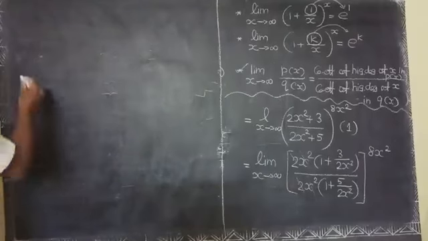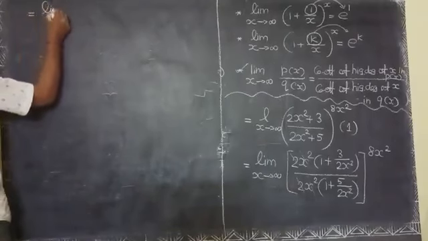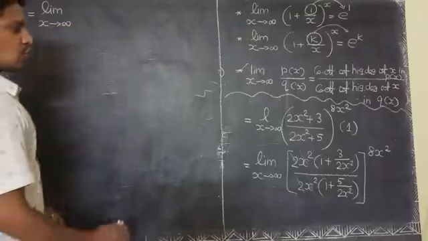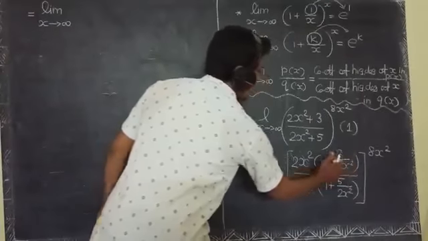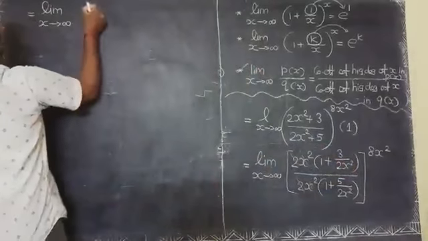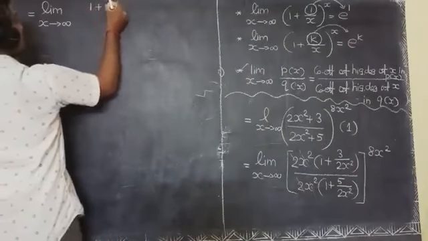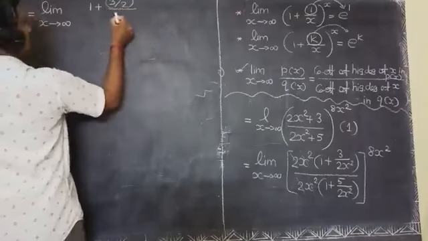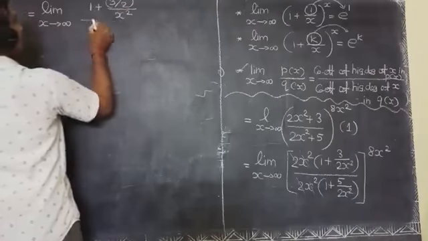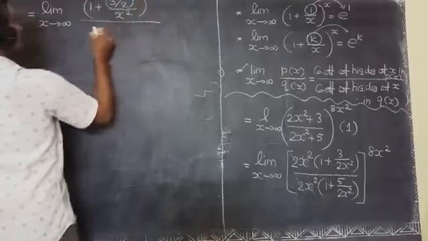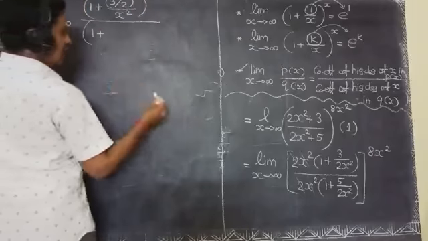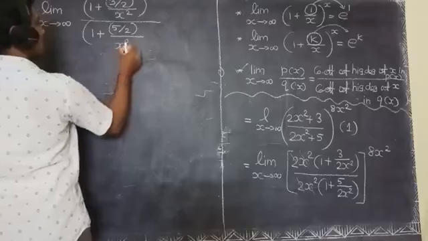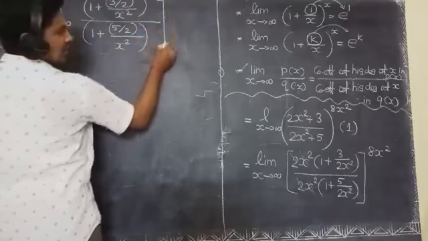Here limit x approaches infinity, 1 plus 3 by 2x square can be written as, the numerator is 1 plus 3 by 2 divided by x square, divided by 1 plus 5 by 2 divided by x square, whole power 8x square.